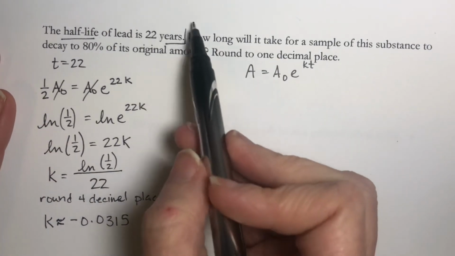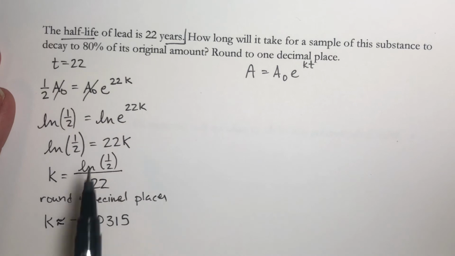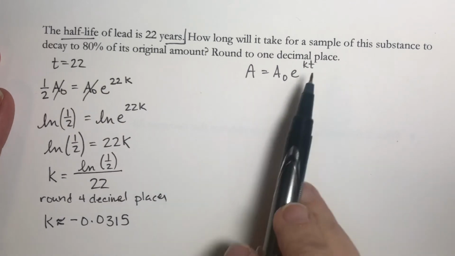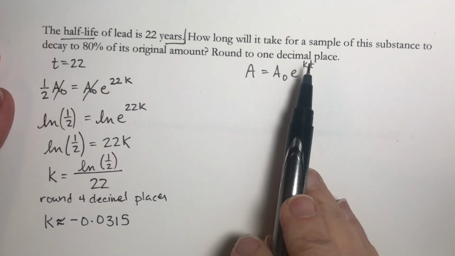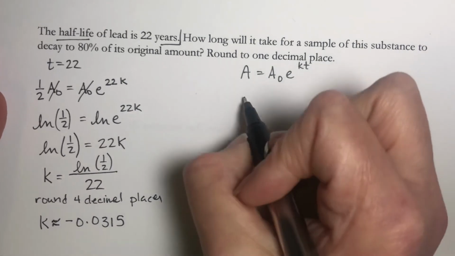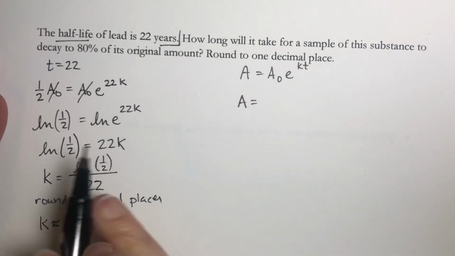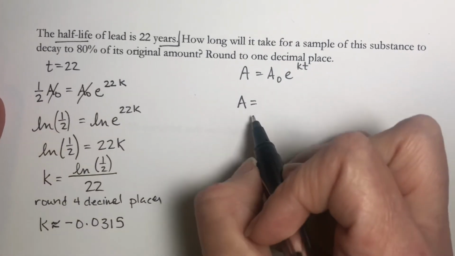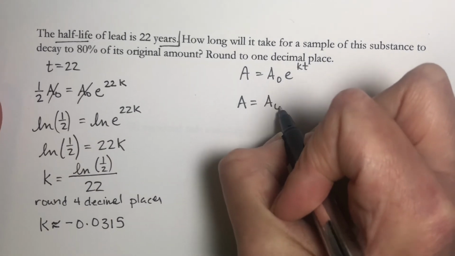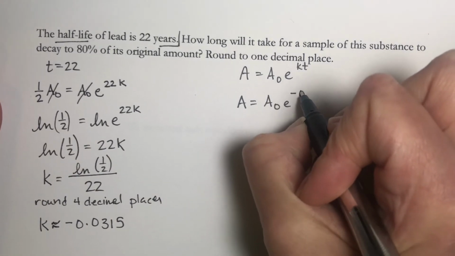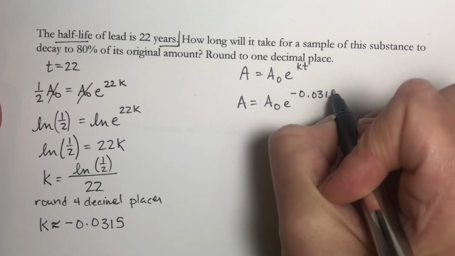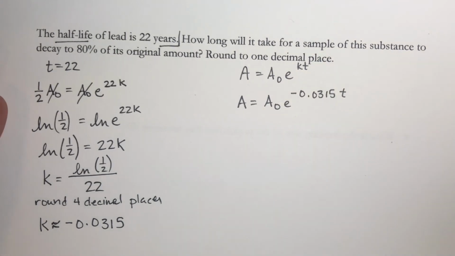So I've used the fact that I knew its half-life to find my k value. Now I'm going to write a more general equation right here. My new and improved decay formula for lead is A equal to A naught e to the negative 0.0315t.